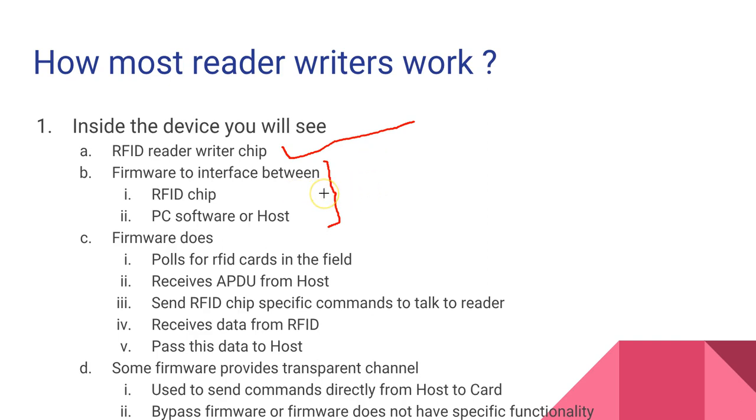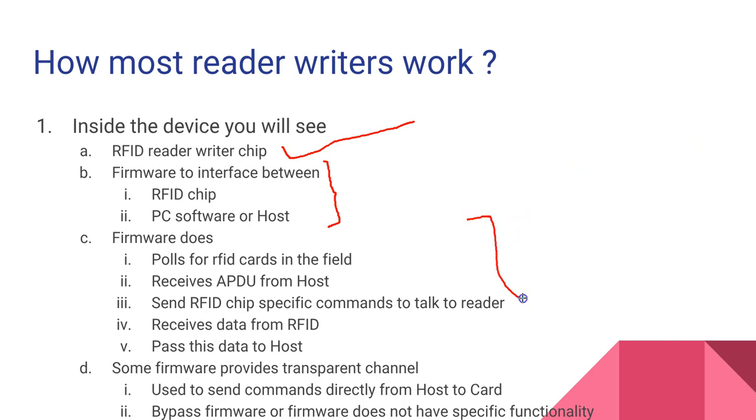It will be based on some kind of single chip processor, and this firmware is what interfaces between the host, that's our PC or the application, and the chip itself. So it is the intermediary between the host and the RFID tags.